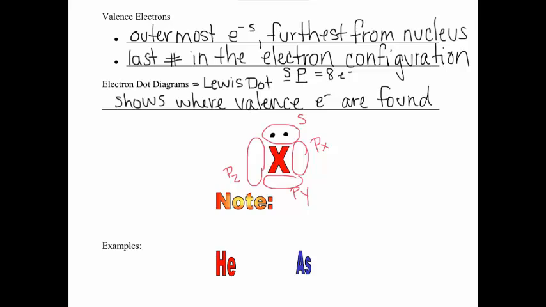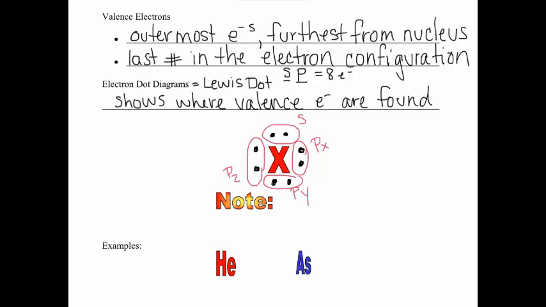So when I go to fill these in, I'm still going to follow my bus seat rule. One goes here, one goes here, one goes here, before I go back and fill in the rest, like so.